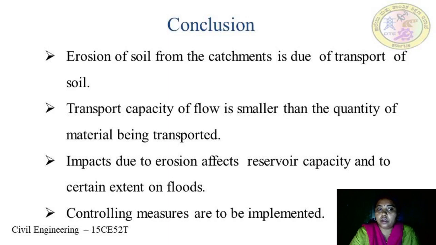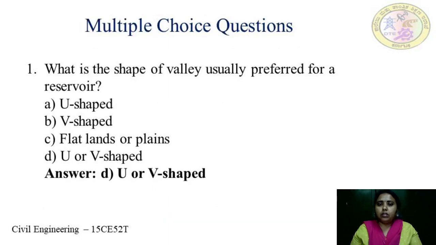Hence suitable erosion control measures are to be implemented for preventing the negative impact, so that the reservoir can be used for the long run. With this, we come to the end of this session, and now we shall have a small test on multiple choice questions. This is a better way to analyze the things we have learned in today's session.